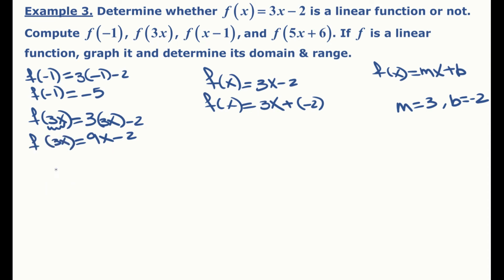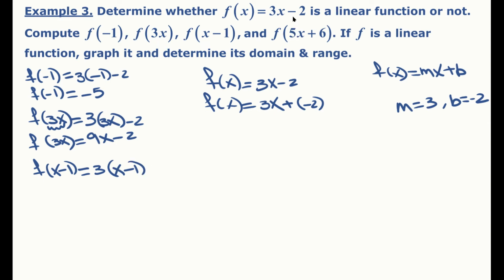If we want f of x minus 1, we're going to replace x in the original definition with x minus 1. So we get 3 times x minus 1.